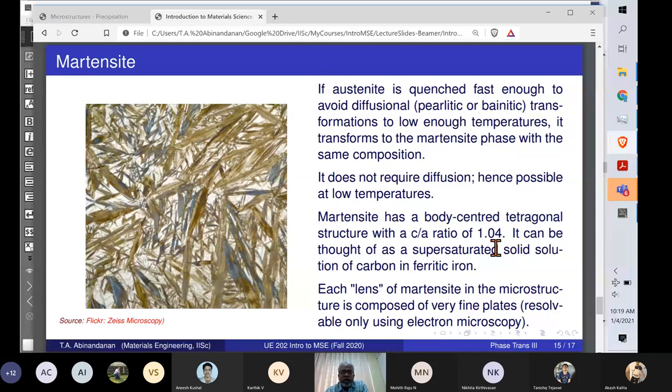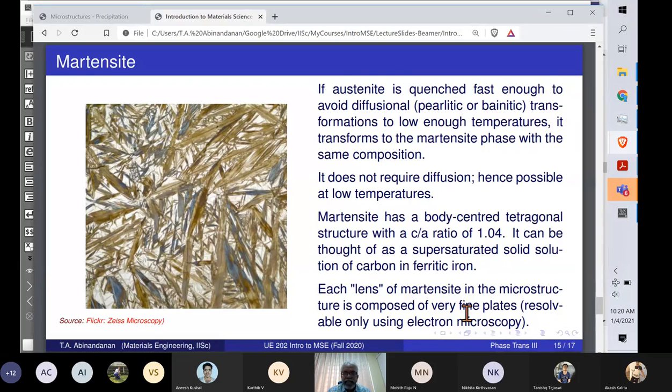When you pump about 0.8% of carbon into ferrite, which can hold only 1/40th or 1/50th of that amount at equilibrium, it becomes extremely supersaturated, and so it acquires a tetragonal form. That tetragonal form of ferrite, you can think of as the martensite.